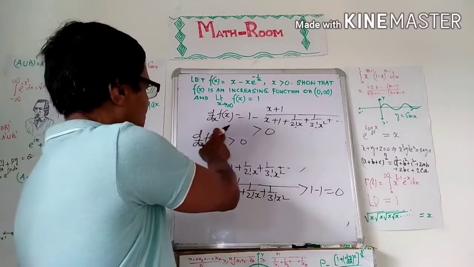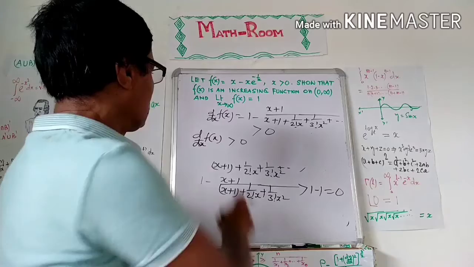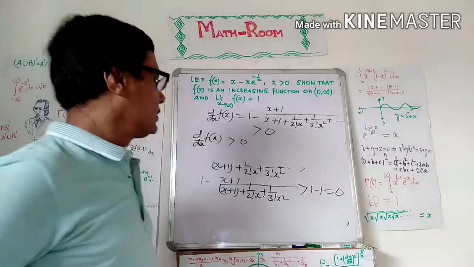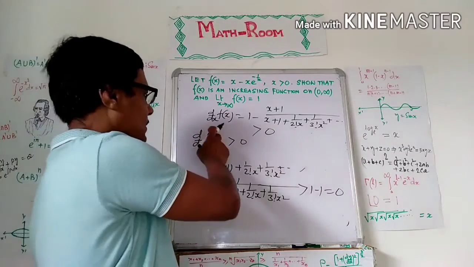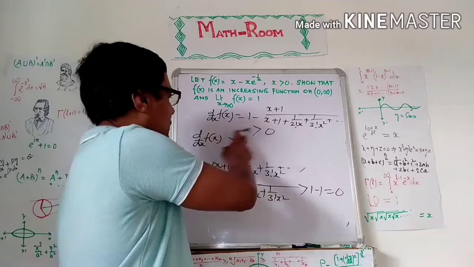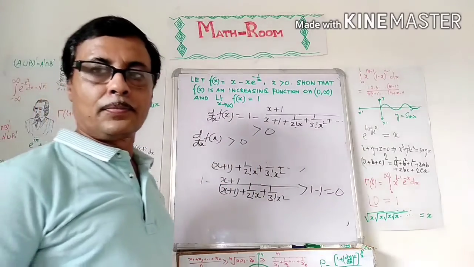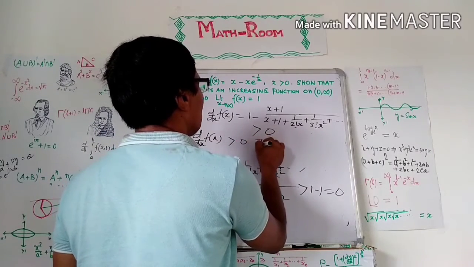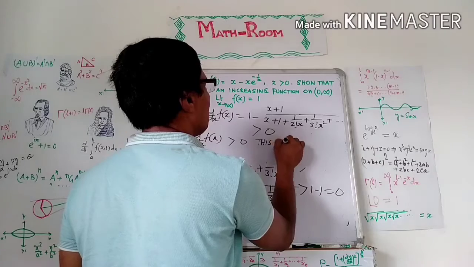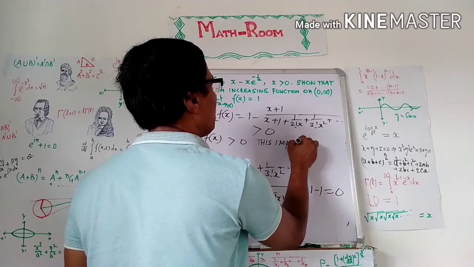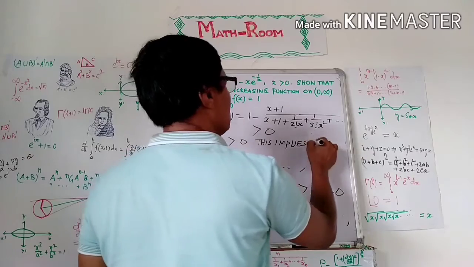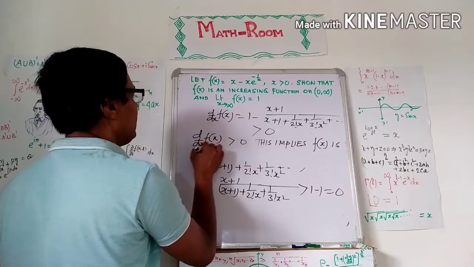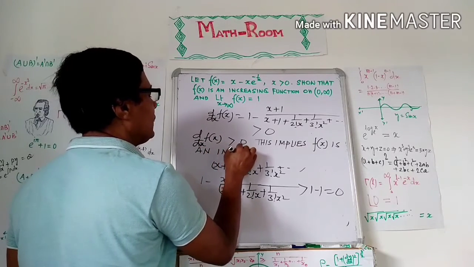So, here this is an increasing function because the derivative of f(x) with respect to x is greater than 0. So we can say this implies f(x) is an increasing function.